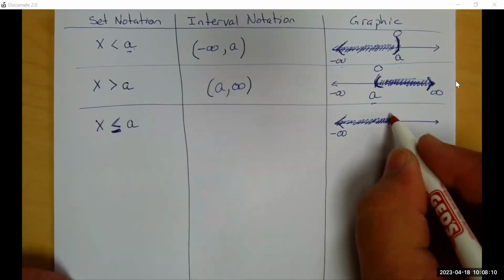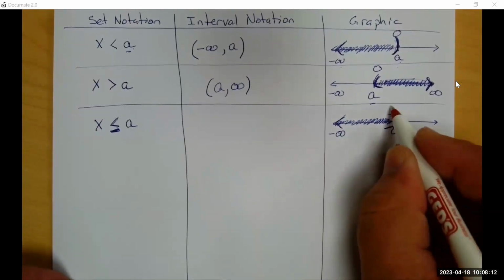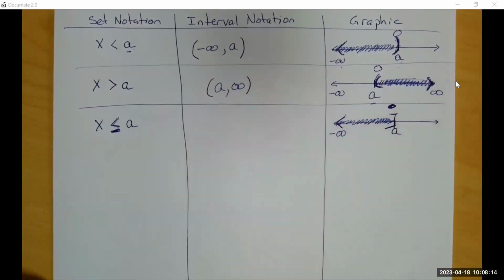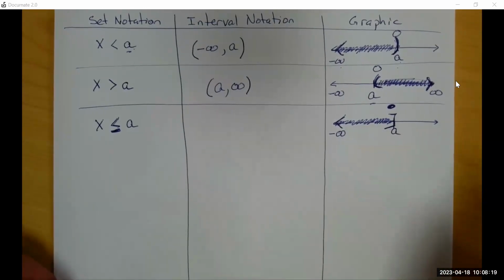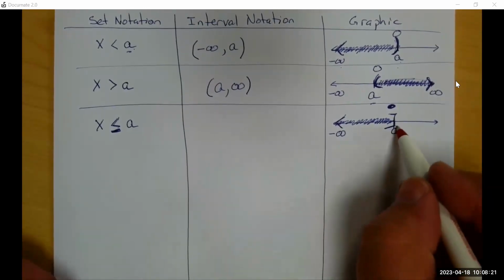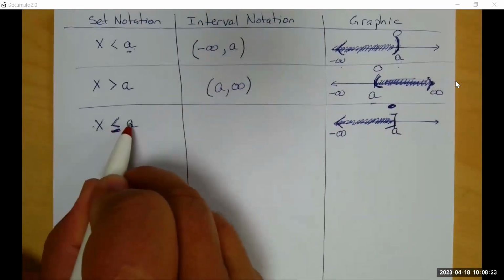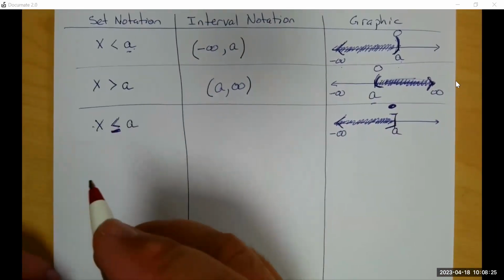Since it's equal to, it's a bracket or a solid dot. Because now I can use the number A in my answer. That's what the bracket means. X can equal A or anything smaller than A.